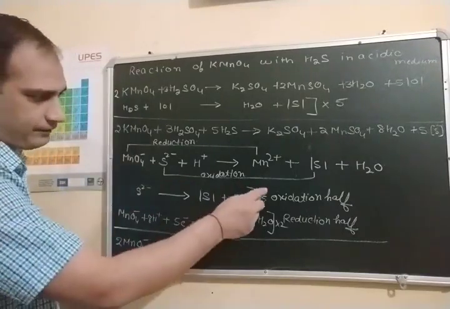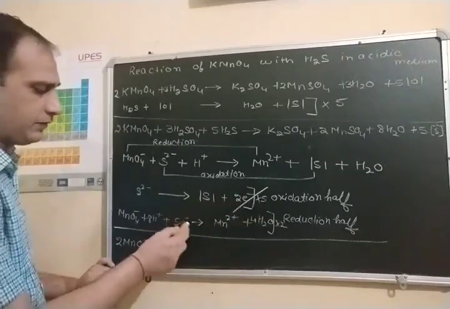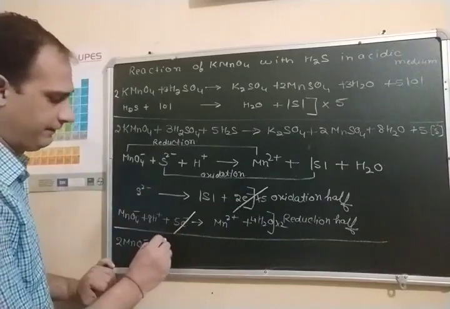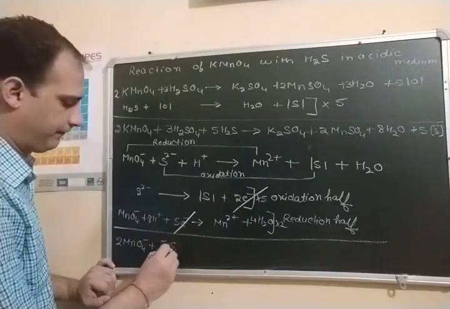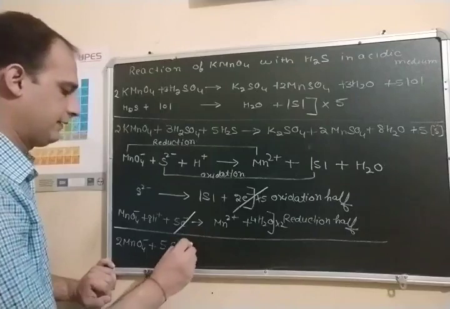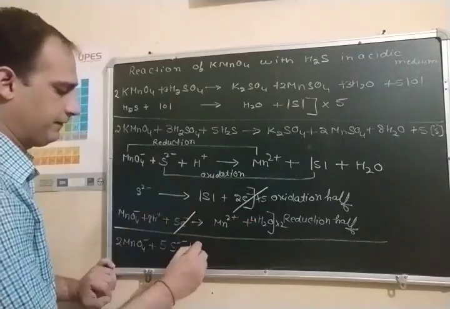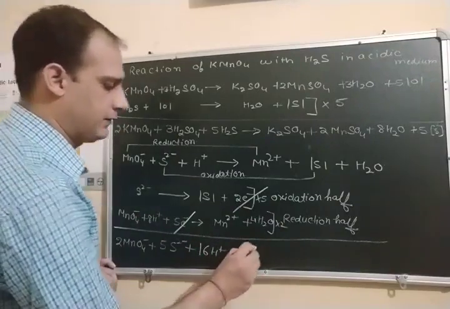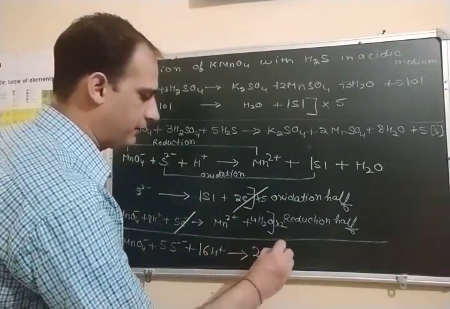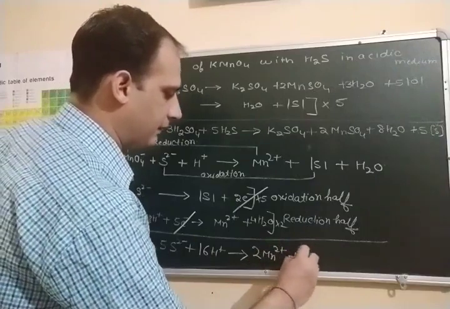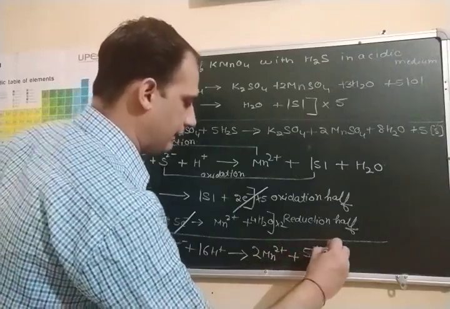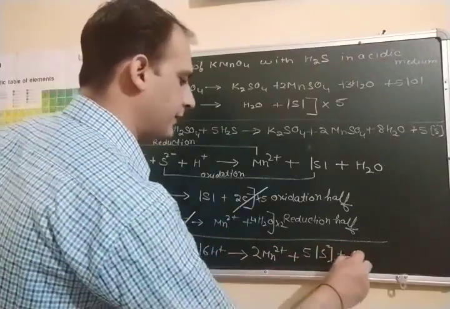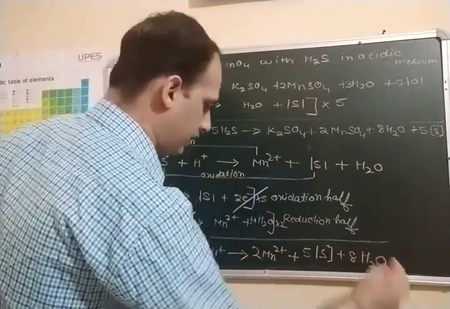So 2 times 5 is 10 electrons, the 10 electrons cancel out, and you will have 5 S2 negative ions plus 8 times 2, 16 H positive, give rise to 2 Mn2 positive plus 5 sulfur, and there will be formation of 8 water molecules.